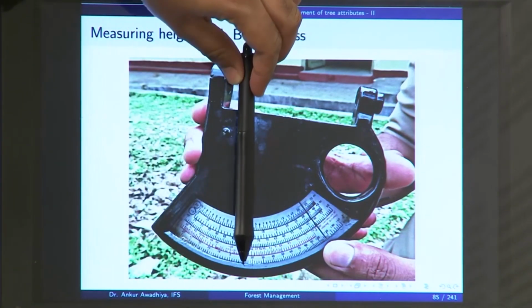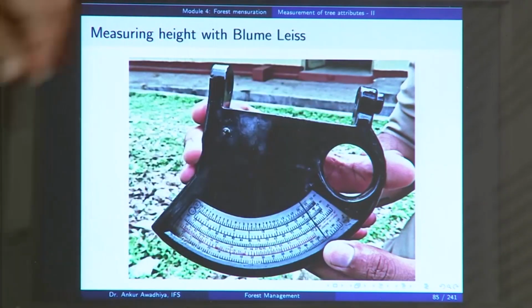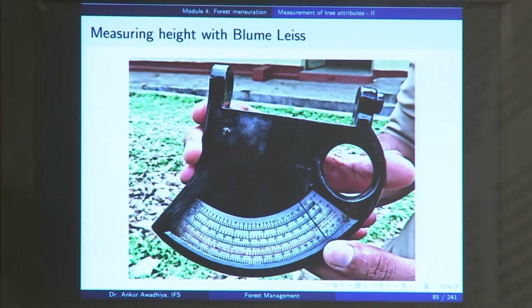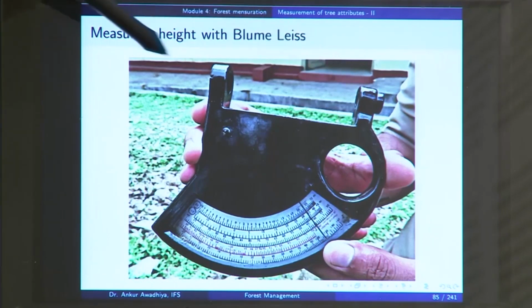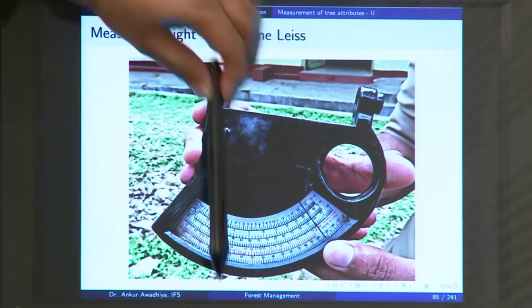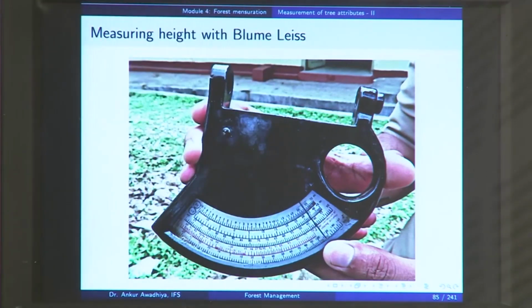So, it will look like this, and no matter howsoever you are tilting this instrument, this pointer will always be down. Then you look at the eyepiece and you arrange this instrument in such a way that the eyepiece, the objective and the top of the tree are in the same line, and so your counter will be straight here, and you press this button which will fix the counter, and then you can take this instrument and have a reading.